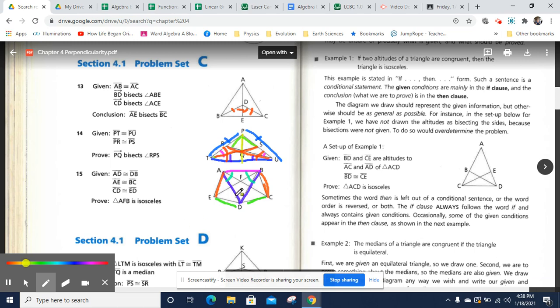So let's label them. We know now that this angle and this angle are congruent, which by addition, we could add this angle here, and then we can declare, well, let me see if I can pick a color I haven't picked already. Dark blue, I guess. We can now prove that this angle is congruent to this angle by addition.